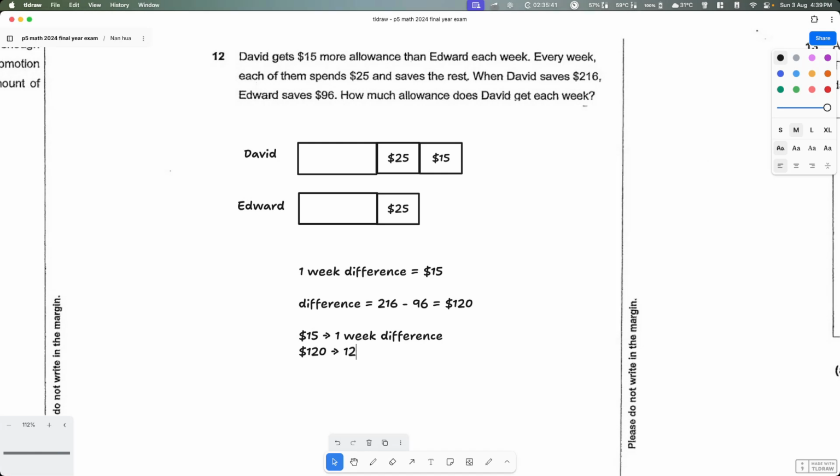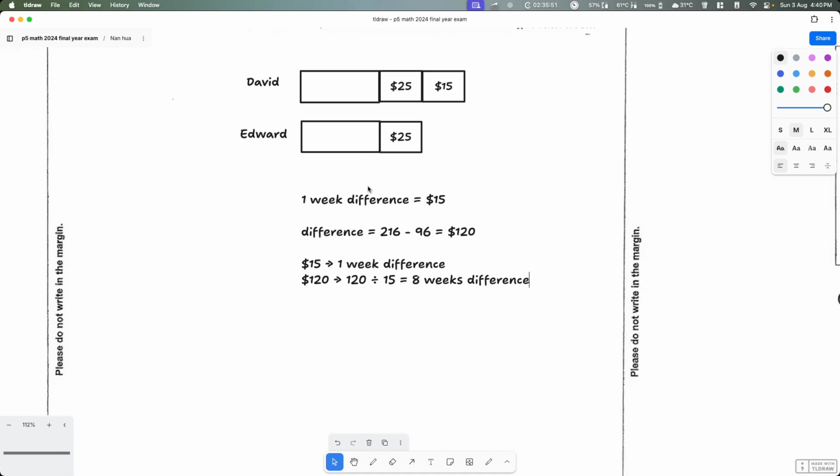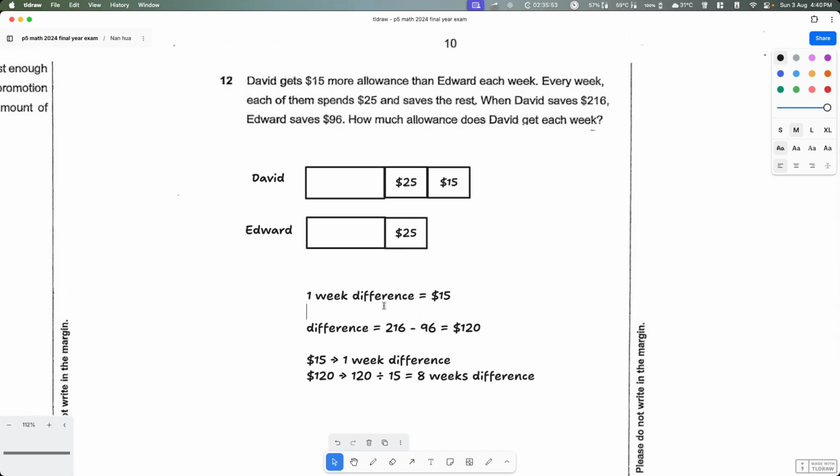So 120 divided by 15 is equal to 8 weeks difference, right? So that means one week is $15, which is the weekly difference.